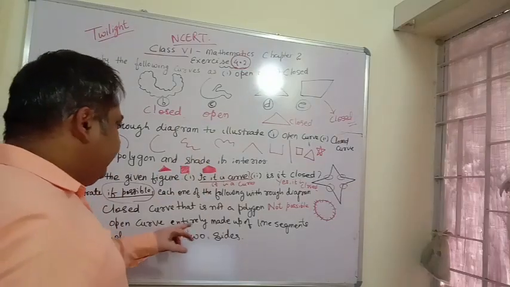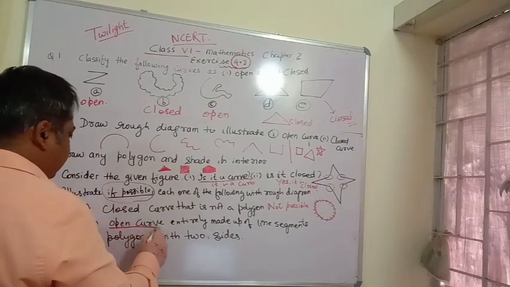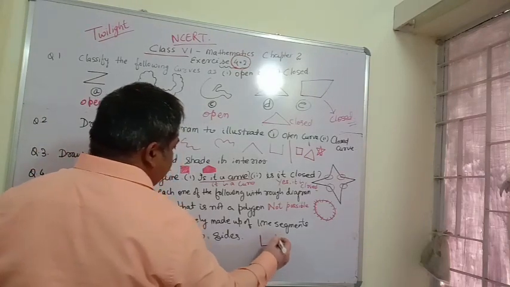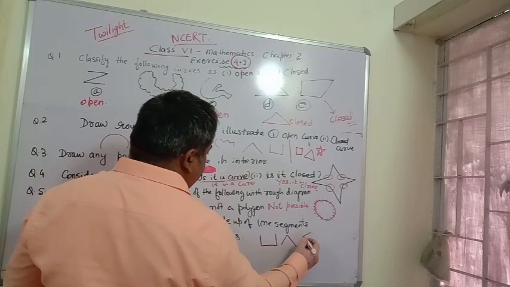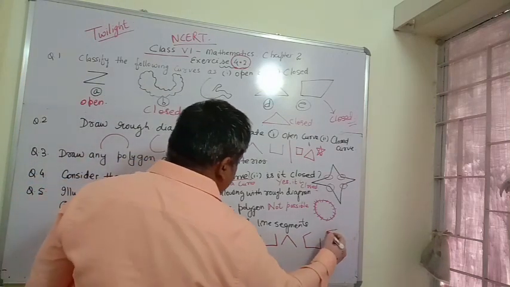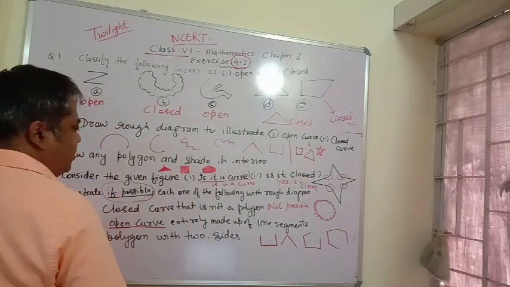An open curve entirely made up of line segments. So this is to be an open curve. An open curve could be like this, made up of line segments, like this, like this. Any one of the sides should be open.